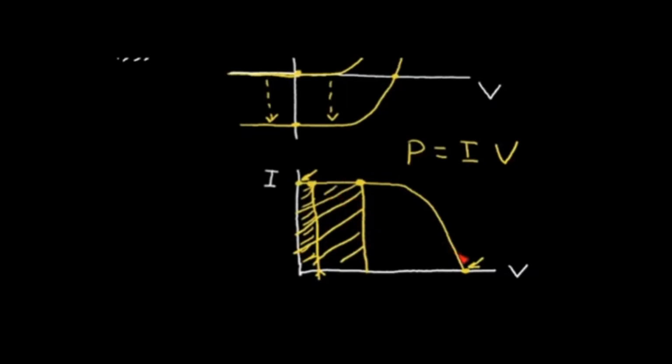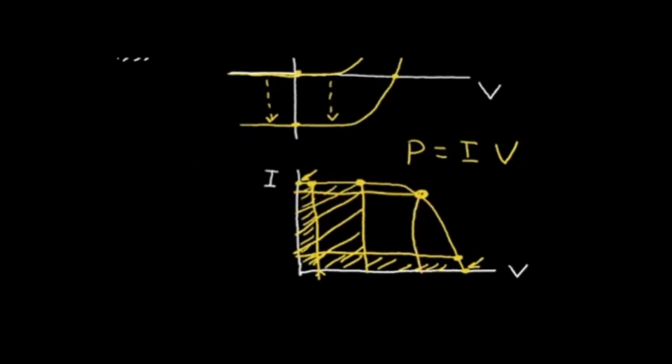Now if we're operating at a point over here, we can extract this amount of power out of the cell, because we have this much current and this much voltage. So if we want to maximize the power that we can extract from this solar cell, we should be operating somewhere up here on the knee, so that we maximize the area here and here.